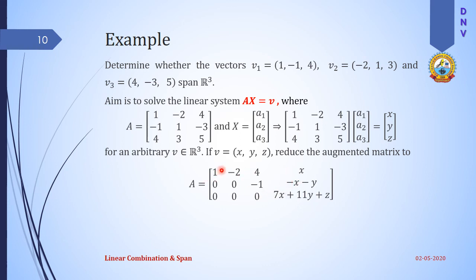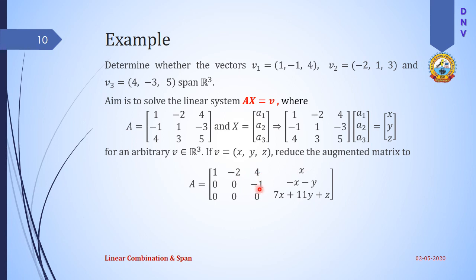And after getting this transformed matrix, we can see that there is no entry in the matrix A which can be equated to this value. But here we have a1 minus 2a2 plus 4a3 equal to x.